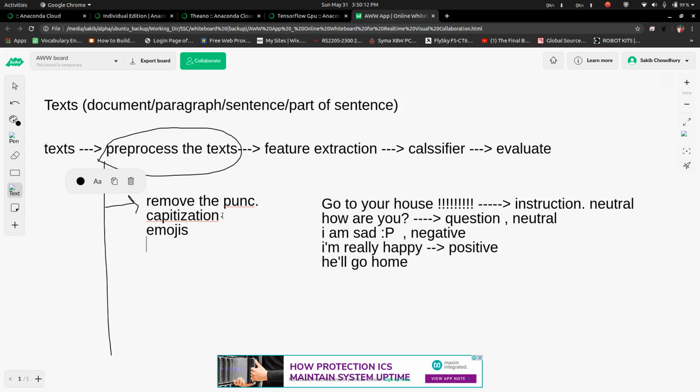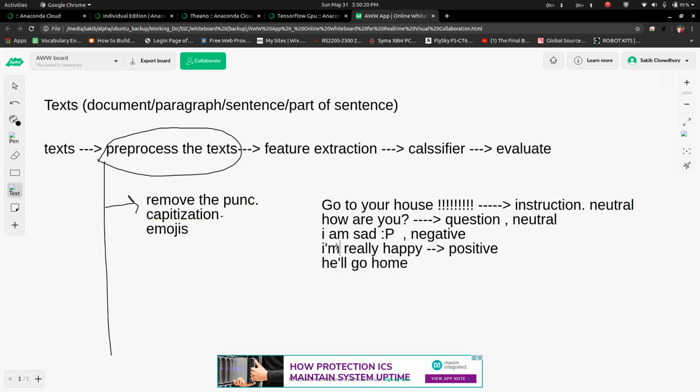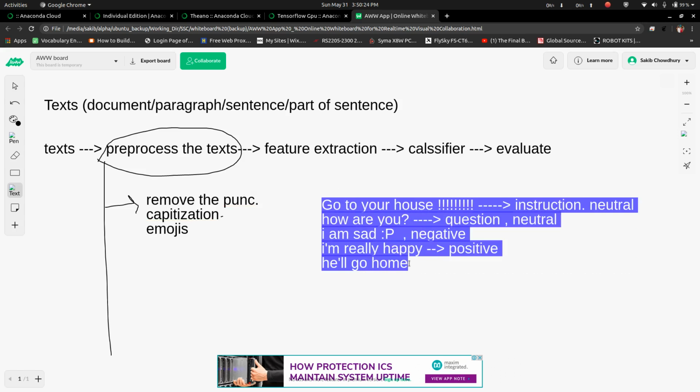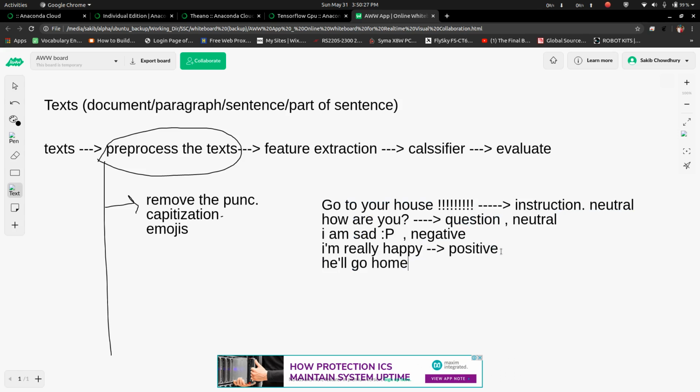Okay, so next, let's suppose these are all tweets collected from Twitter. A user has written "I'm really happy," and another user has written "I am really happy."